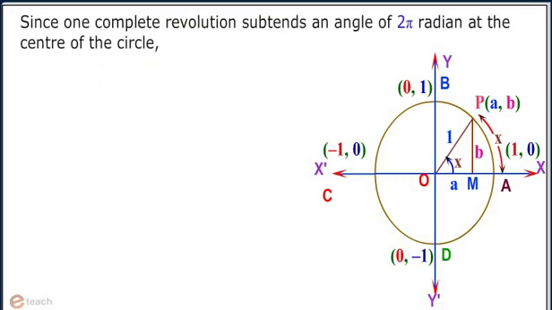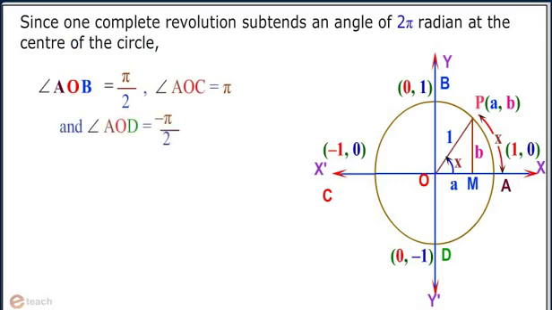Since one complete revolution subtends an angle of 2 pi radian at the center of the circle, angle AOB equals pi by 2, angle AOC equals pi, and angle AOD equals minus pi by 2.